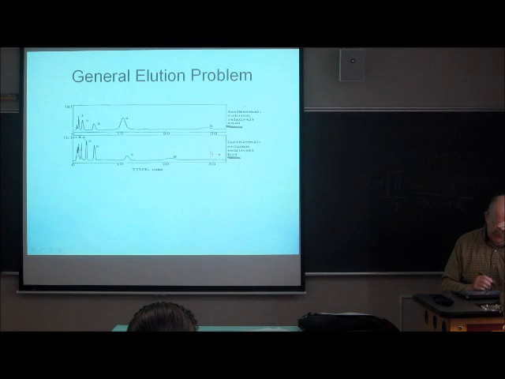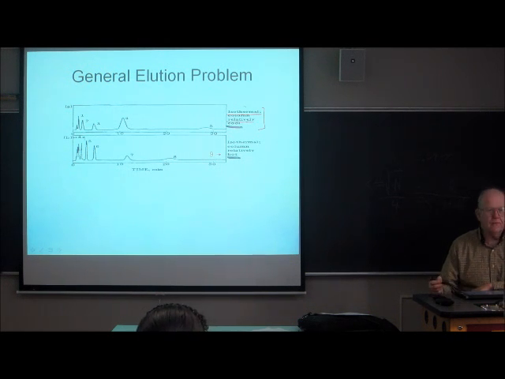This is better shown in this sequence of chromatograms. Here, let's imagine we're doing a GC run, so our initial run is isothermal. It's relatively cool. So if it's relatively cool, the early peaks are reasonably well retained and they're well separated.